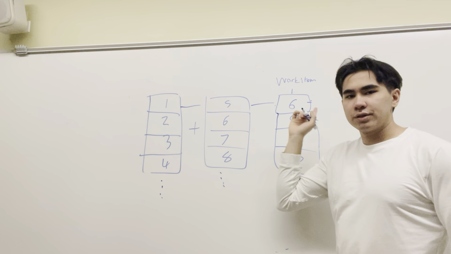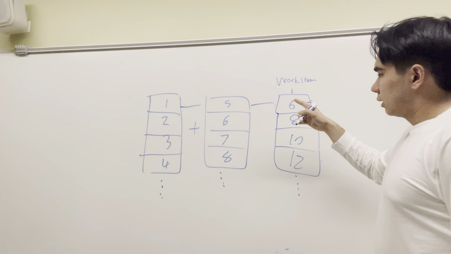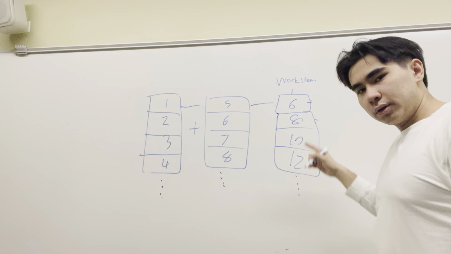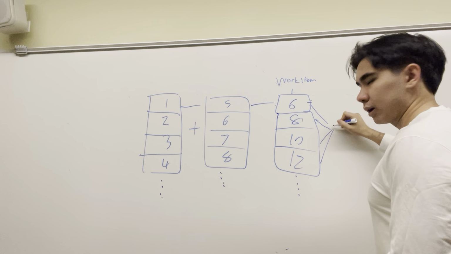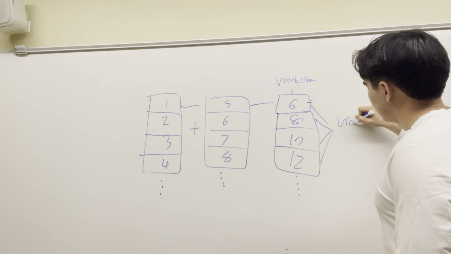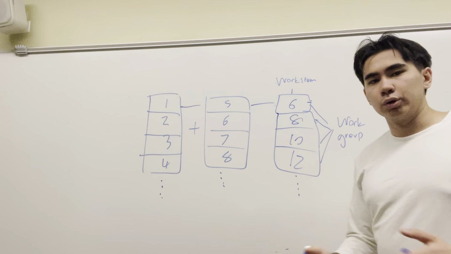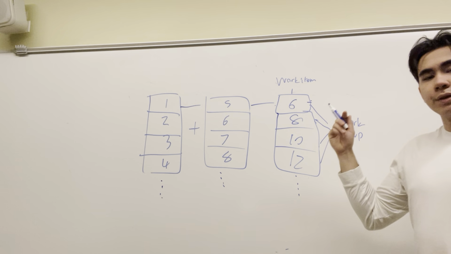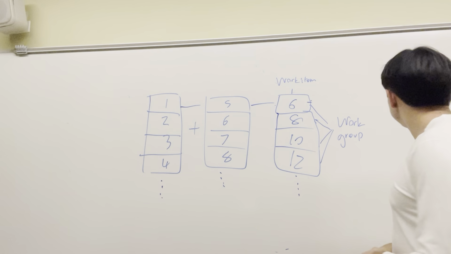Right, 1 plus 5 is 6, that's one work item. There are several potential work items here. We are going to call these a work group. So in this case, it's 4 work items per work group.